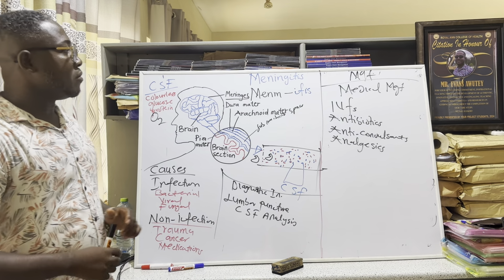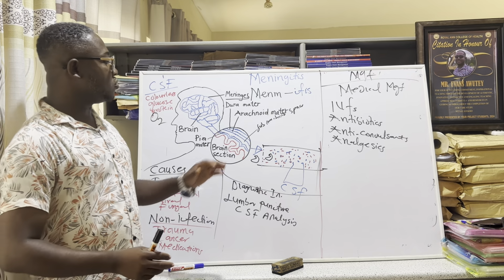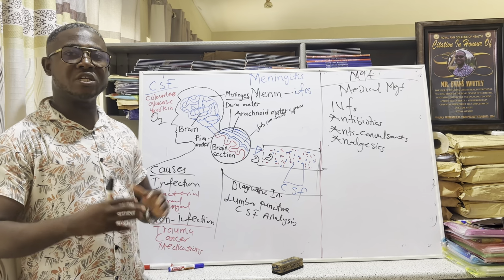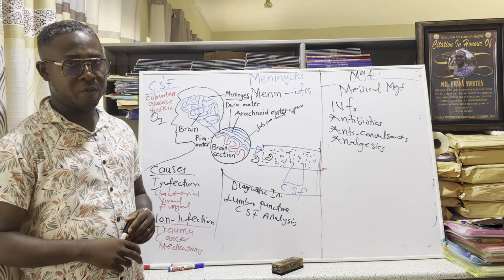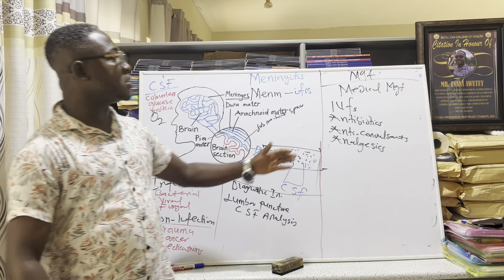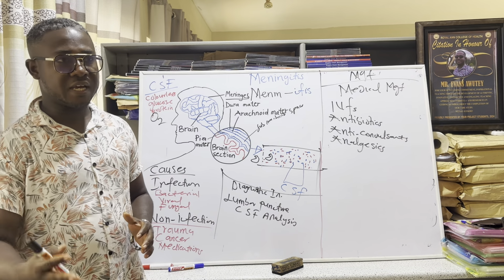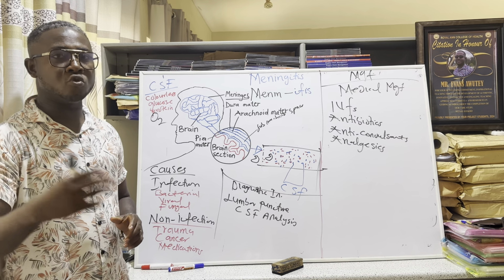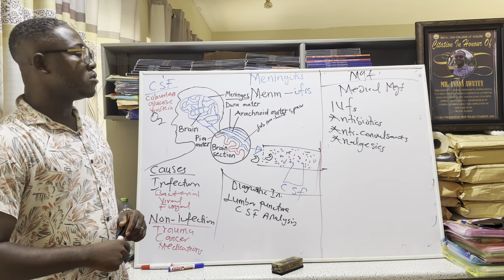Now, remember we said that during the inflammatory process, there is hemolysis, and that also reduces the blood volume, which can lead to shock. And so one of the things we can do is to give IV fluids, specifically isotonic fluid, that will help to expand the blood volume to prevent shock.